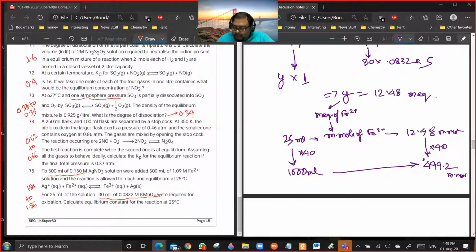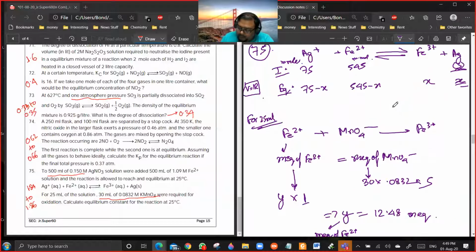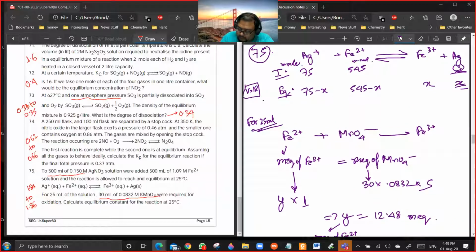Now you see, in 1000 ml, this value is 499.2 at equilibrium. Are you getting my point? So what is the value of X? 545 minus 499.2 is 45.8.